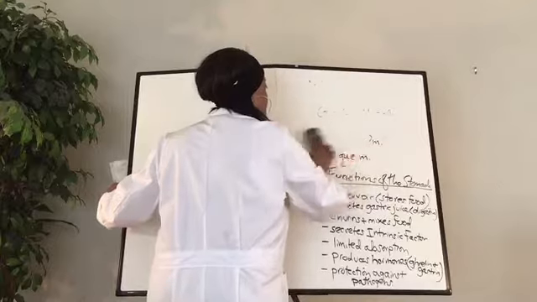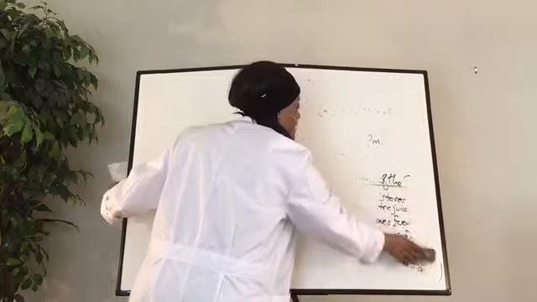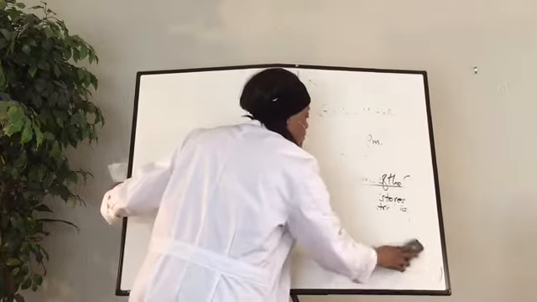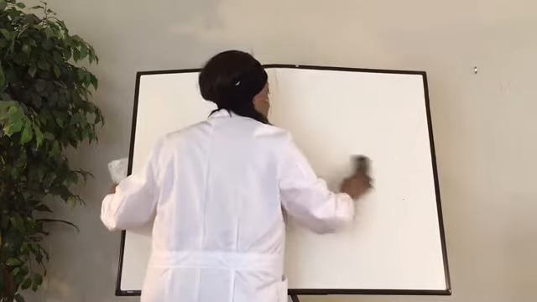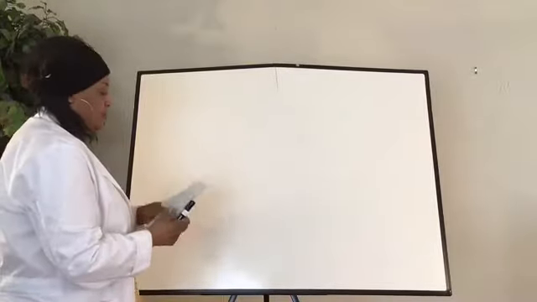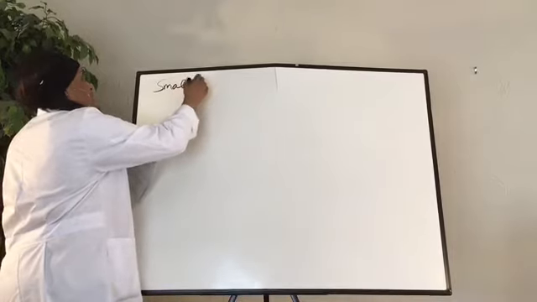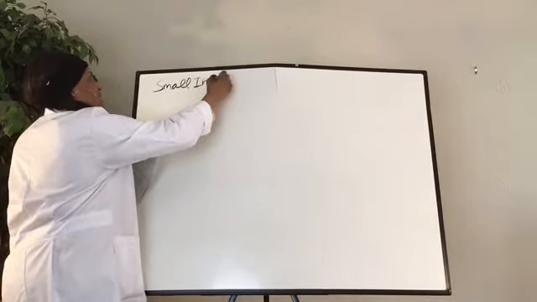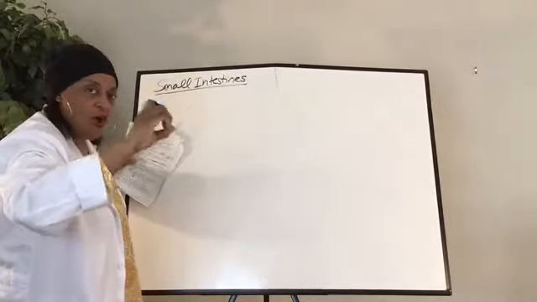Now, what did we say about the small intestines? We just said that that is the main area of absorption, correct? Yes. Good. All right. The small intestines is really deemed small intestine because of the diameter of the intestines.